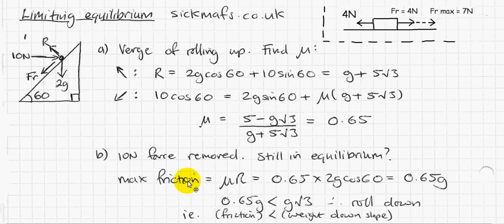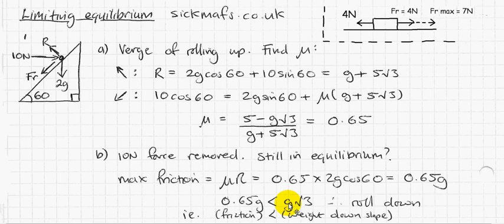So the maximum frictional force which is going upwards is 0.65g, and the weight force going down the plane, which is 2g sine 60, is basically g root 3, which we worked out earlier, because sine 60 is root 3 over 2. Root 3 over 2 times 2g is equal to g root 3.